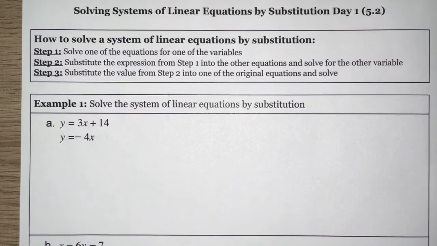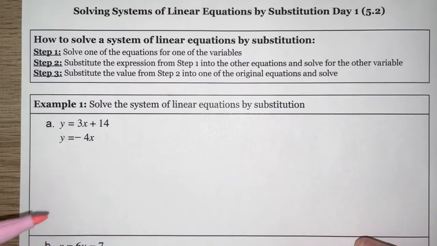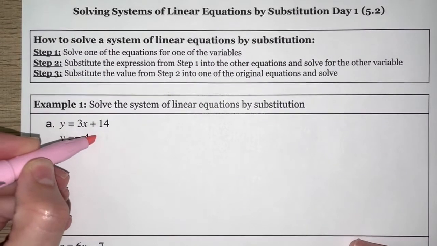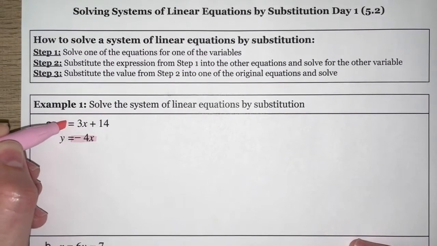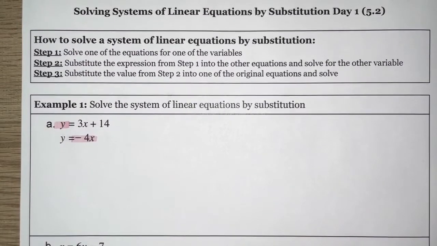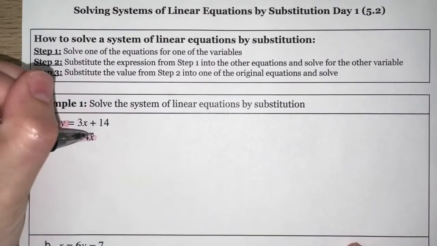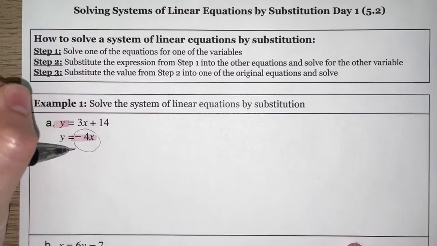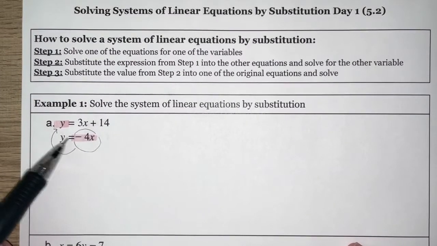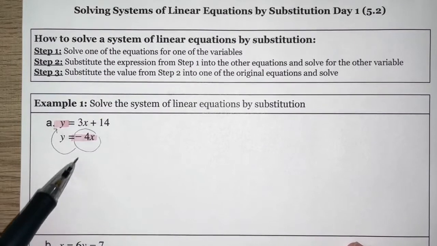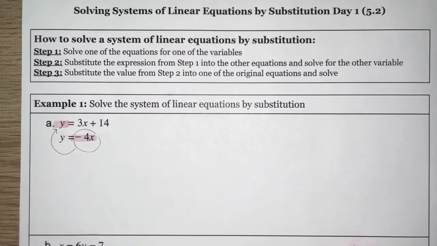So what we can do is take this negative 4x, because we're saying that y is equal to negative 4x, and we can substitute it into the other equation where y is.